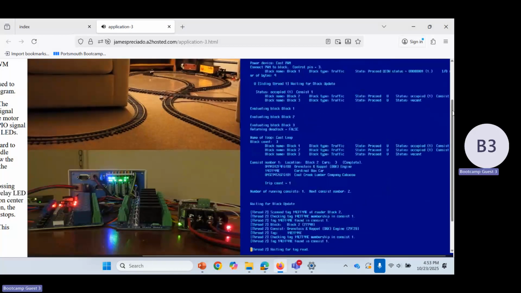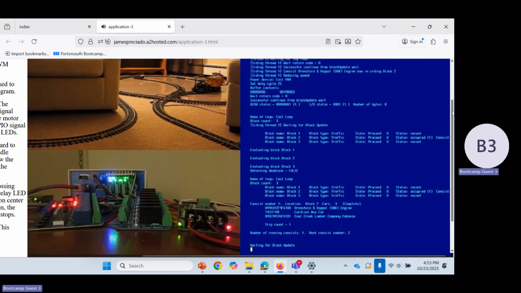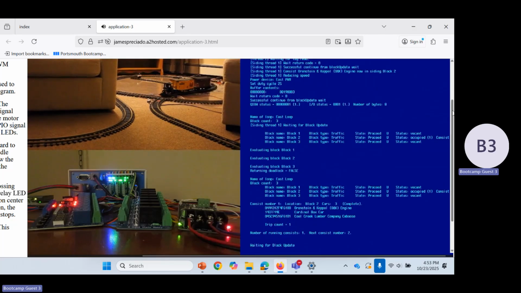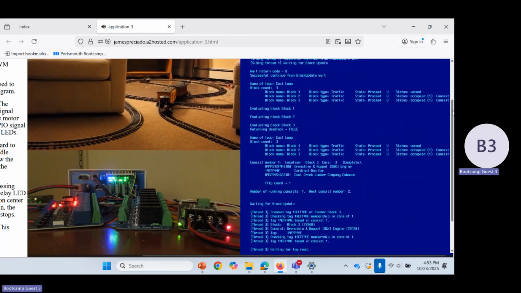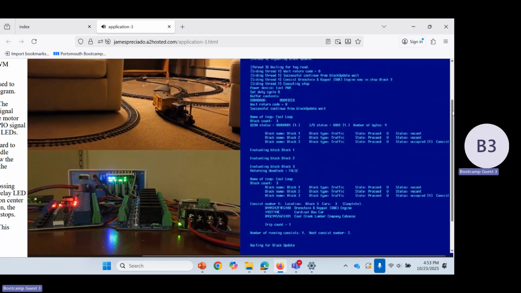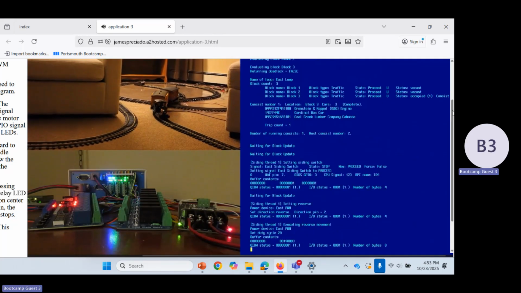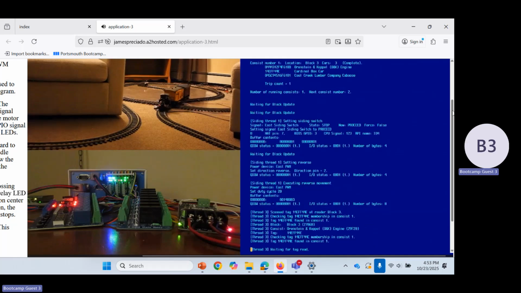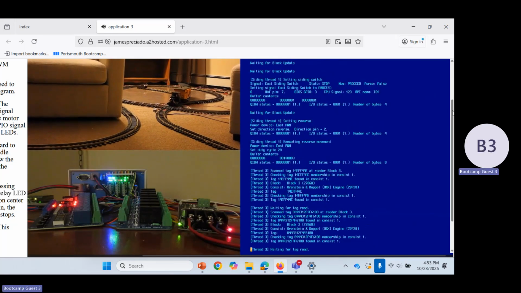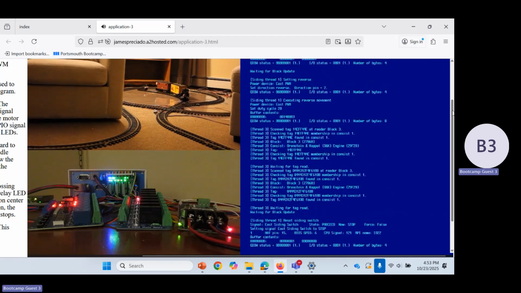He's coming around. He's slowing down. This is all done reading RFID tags, which are on the bottom of the train. Okay, the end of the train just came to where it needed to. Flip the switch, back it up. And we're done.